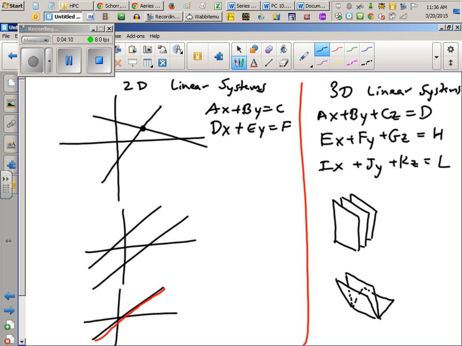Are the 3 planes crossing? They are. They form a line. This is supposed to look kind of like a book. This is the front cover maybe, and this is the back cover. There's a page sticking out of it. Okay, so this is kind of like a no solution case. This is kind of like an infinitely many solution case.